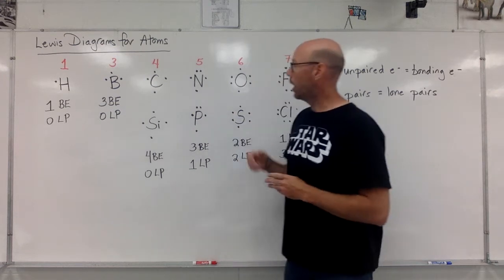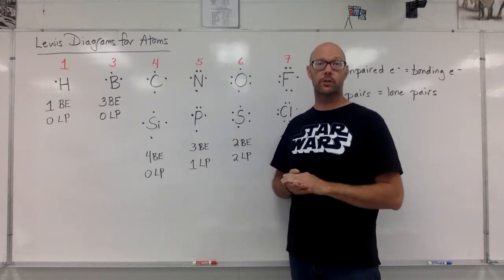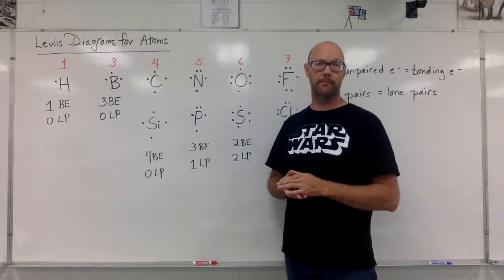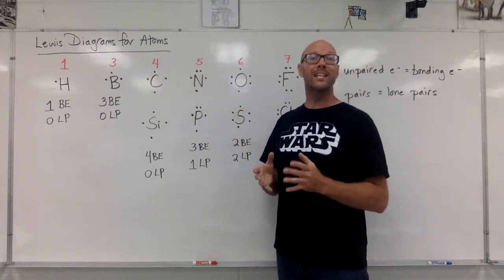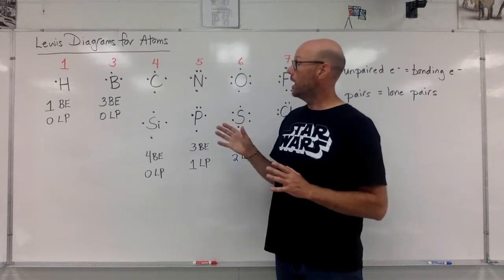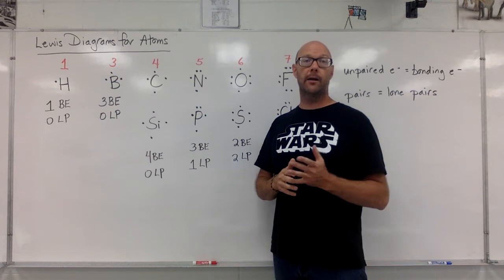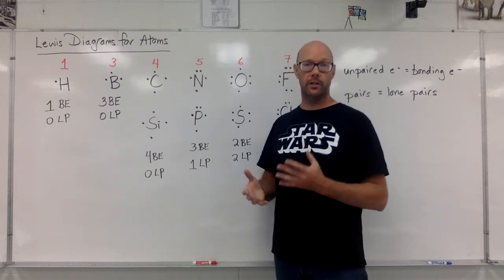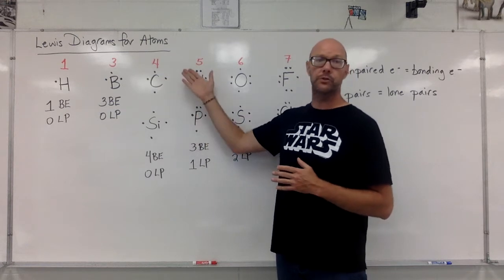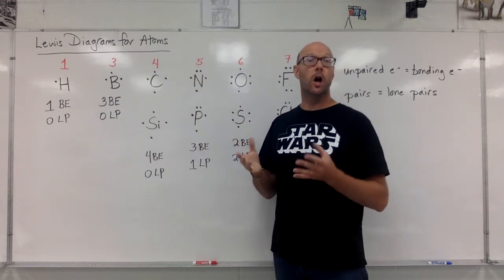Boron is the only element that we are going to encounter that has 3 valence electrons. Next door are carbon and silicon, and they each have 4 valence electrons. They're in group 14. These 4 valence electrons are all on different sides. So here, this is the only way that we can show a Lewis diagram for a carbon atom or a silicon atom. There's not a variation to it. These electrons are not paired.